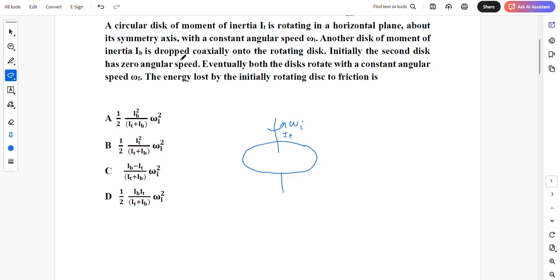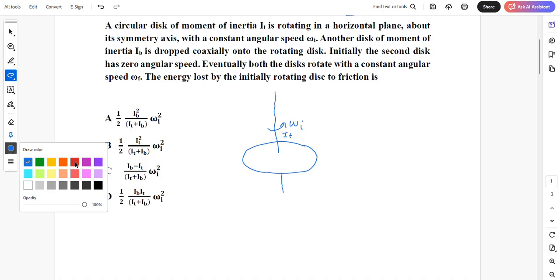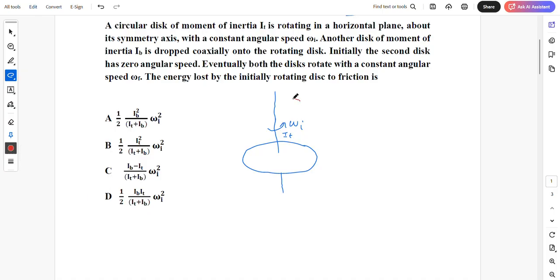Now another disk of moment of inertia I is dropped coaxially onto the rotating disk. Now one more disk is there, which is initially at rest.